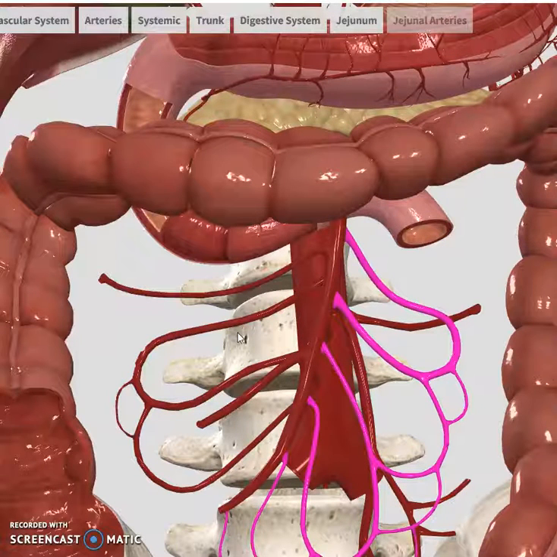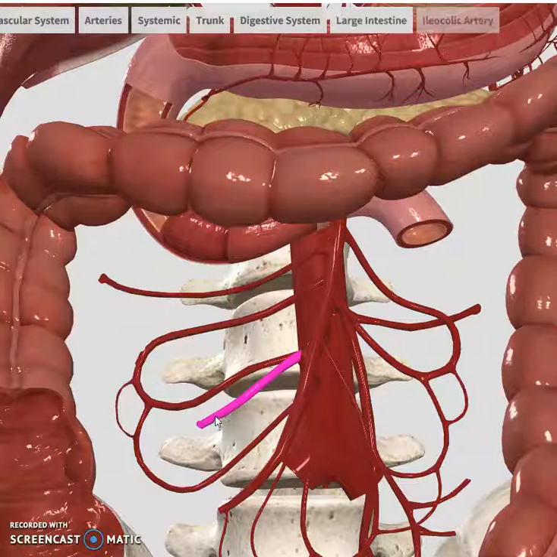Both ileal and jejunal arteries make up the intestinal arteries, as I have mentioned before. And this one is the ileocolic artery, which is another artery. So the 5 branches of the superior mesenteric artery are the inferior pancreaticoduodenal artery, middle colic, right colic, ileocolic, as well as the intestinal arteries, which are the ileal arteries as well as the jejunal arteries.